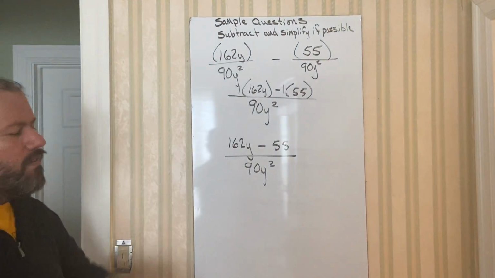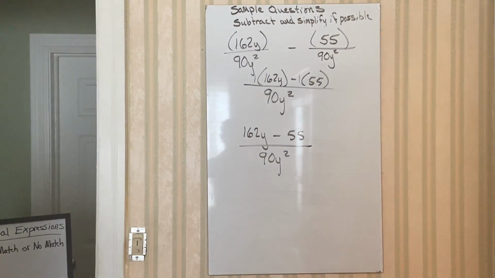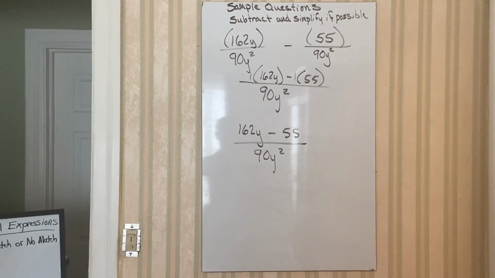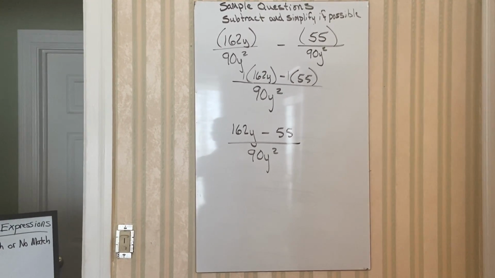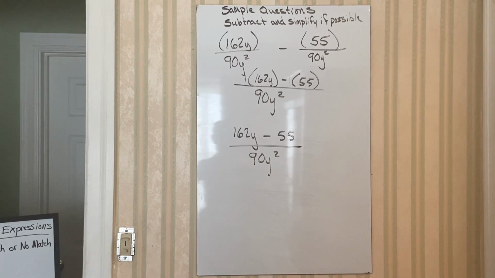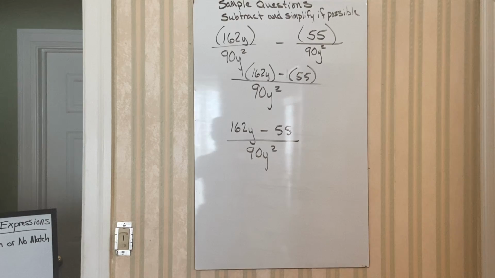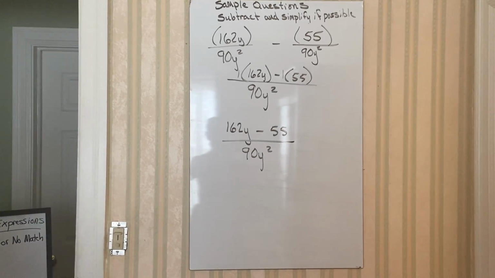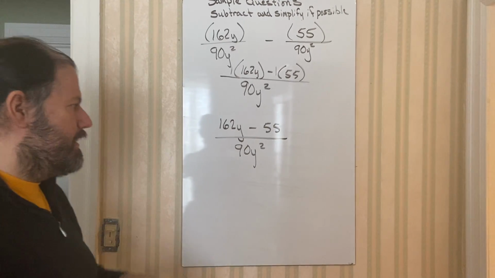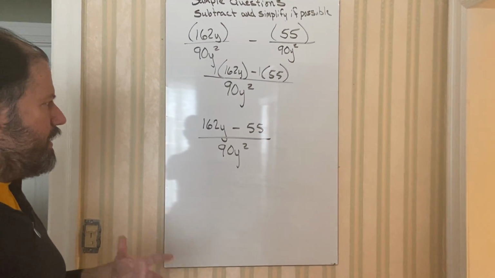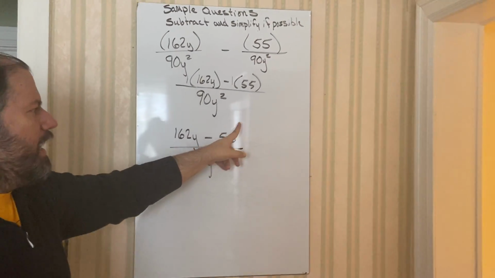Now, what you want to do here is see if you can reduce this. Look at the top. It is a binomial. How do you factor a binomial? Well, either GCF or difference of squares. For GCF, for 55, the only things we can think of are 5 and 11.